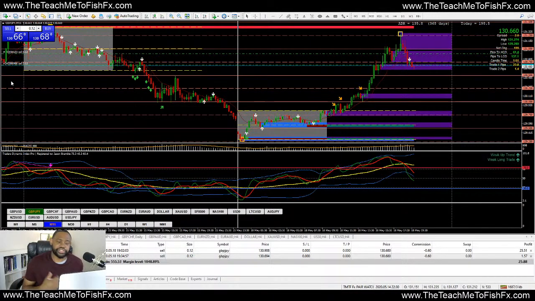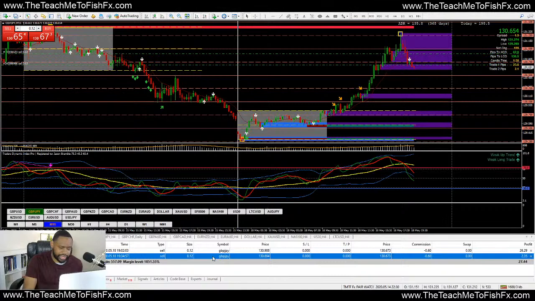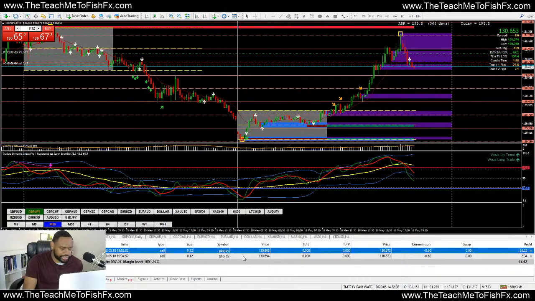And so what I'm doing is, as my areas of interest are being broken, I'm scaling in. I'm basically scaling in at half of 1%. So that's why I currently have these two trades open on GJ.